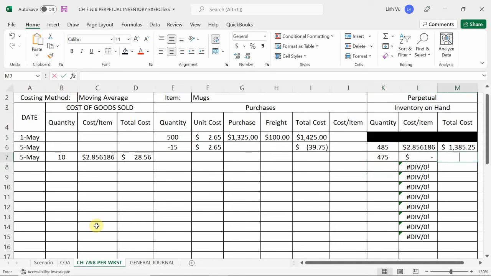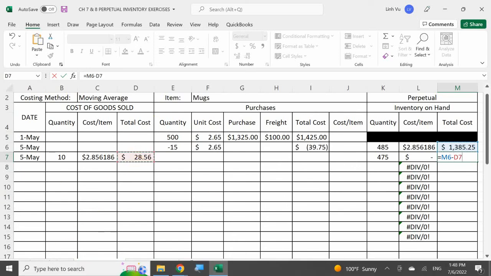And same thing here, I would have to take this 138.525, and I'm going to subtract that I sold $28.56 worth. So in this case, that's going to give me 1356.69. So when I recalculate my average cost per item, it is now roughly the same.